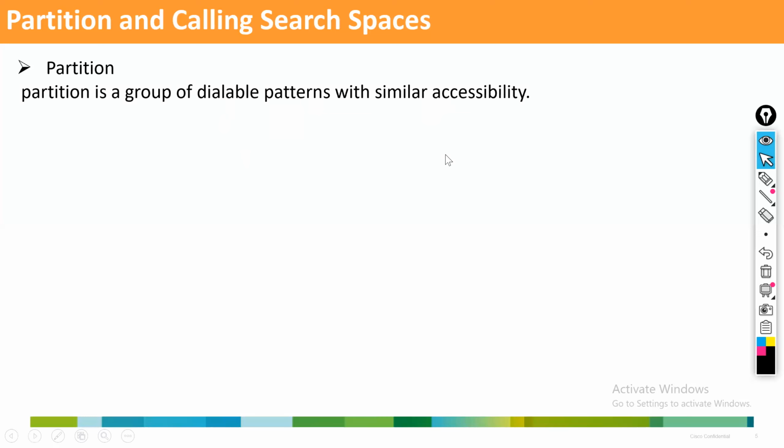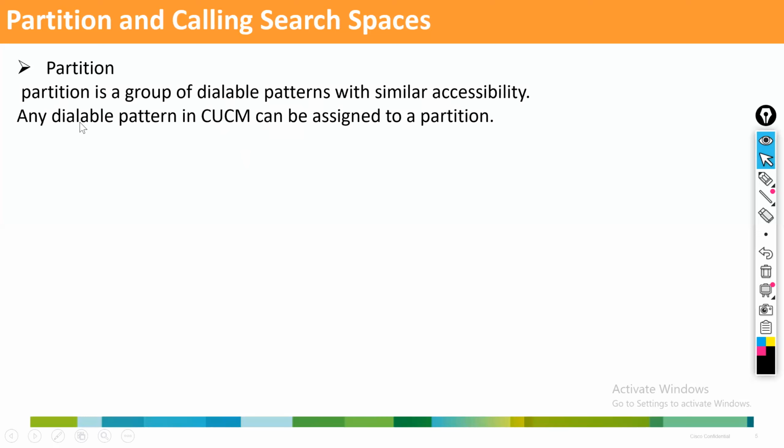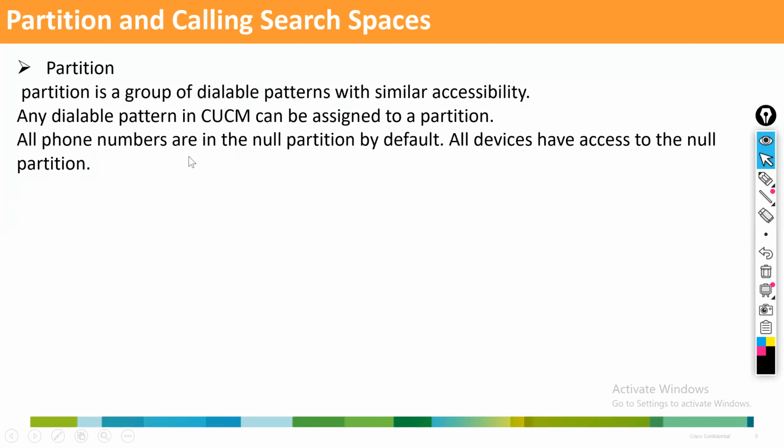For that, it's a partition. Any dialable pattern in CUCM can be assigned to a partition. All phone numbers are in the null partition by default, and all devices have access to the null partition. By default, whatever number you create goes into the null partition. That is what this third bullet point defines.